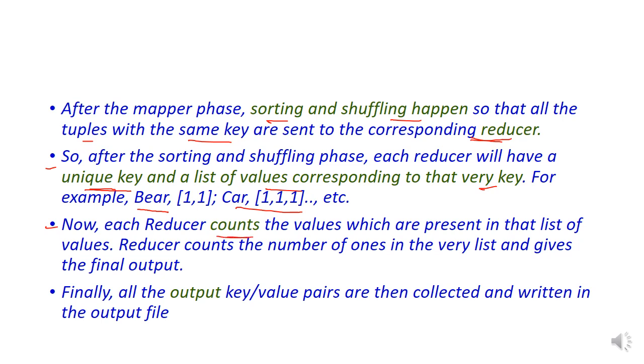Each reducer counts the values. Here we have 2 values, and the 2 values will be counted together, and then we get bear equal to 2. Each reducer counts the values present in that list of values, counting the number of ones in every list, and gives the final output. Finally, all output key value pairs are collected and returned in the output file.